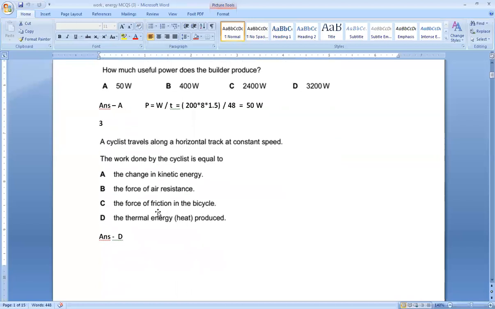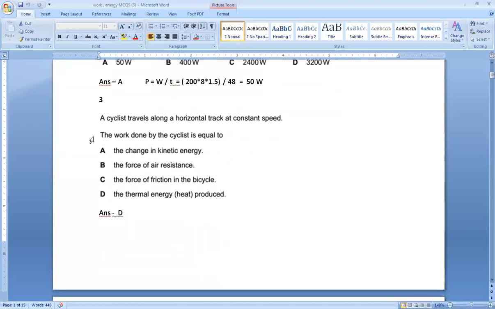Number 3 says a cyclist travels along a horizontal track at a constant speed. Constant speed means resultant force is 0. Means forward and backward forces have been cancelled. So keep an eye on such things.